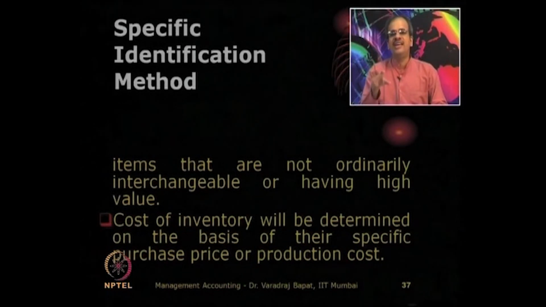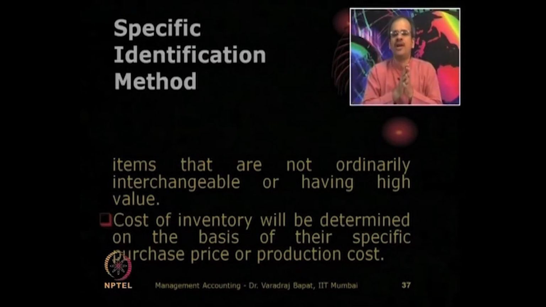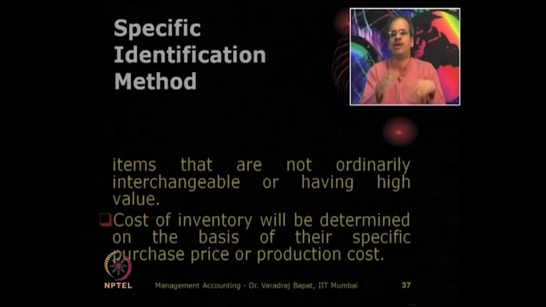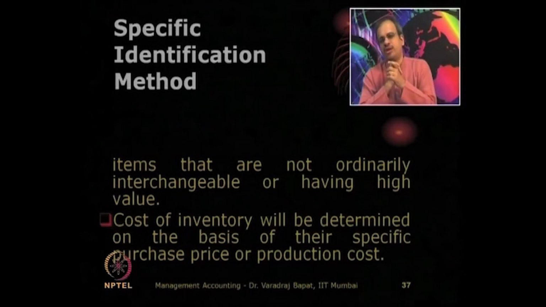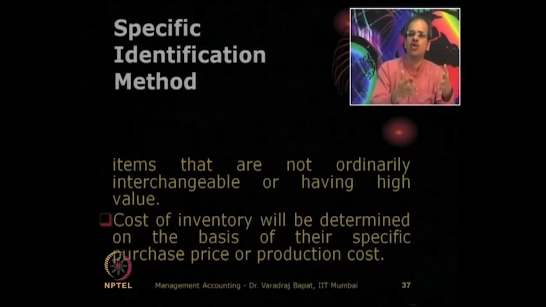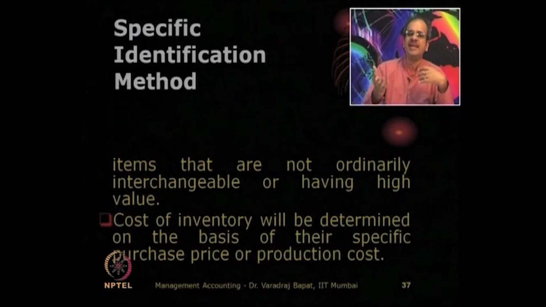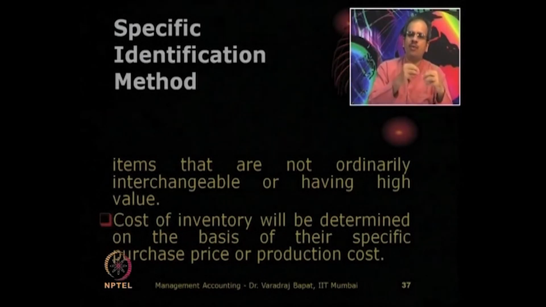Let us say you are dealing in vegetables. You buy hundreds and thousands of potatoes from different sources, and all potatoes are interchangeable. You cannot have any particular tag for each potato. Same way for FMCG items, let us say soaps or eatables, you may be buying a large number, so it is not possible to identify which item has come at what time.